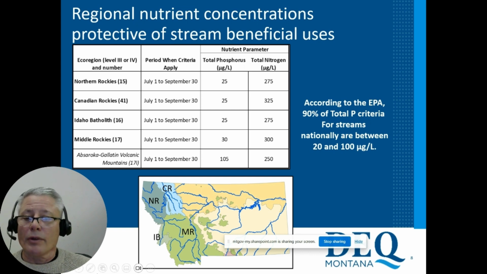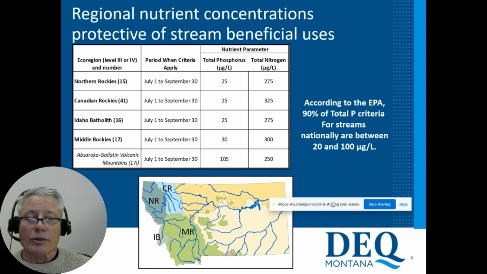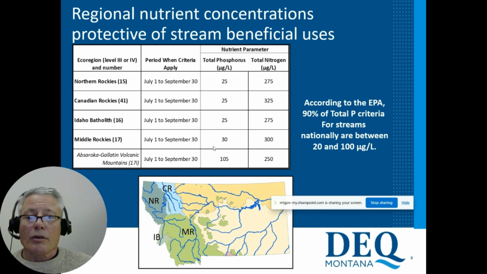So for example, the Middle Rockies ecoregion, this large green area here, it's typical for that region to want to see concentrations below 30 micrograms TP per liter and 300 micrograms TN per liter. And according to the EPA, 90% of total phosphorus criteria for streams nationally are between 20 and 100 micrograms per liter, for example, which is right in line with what we find in Montana.